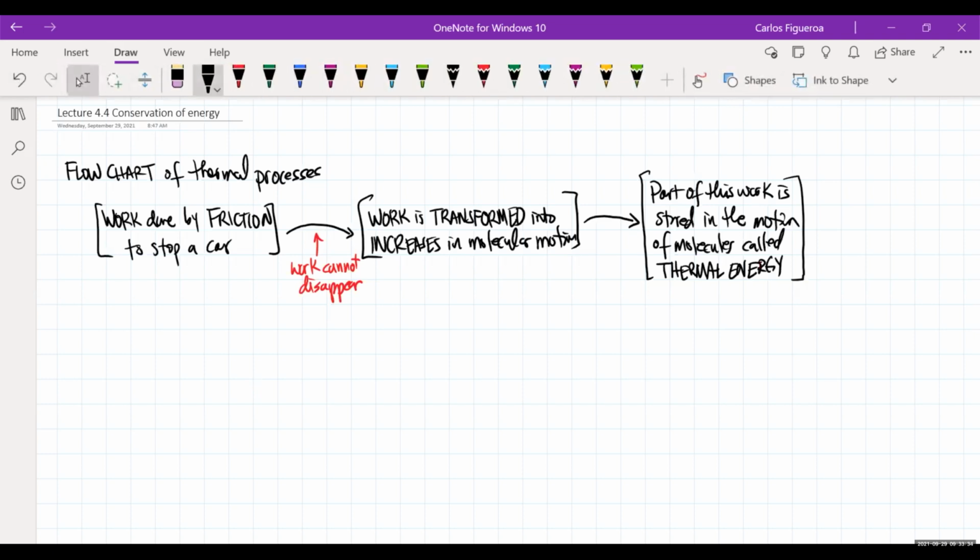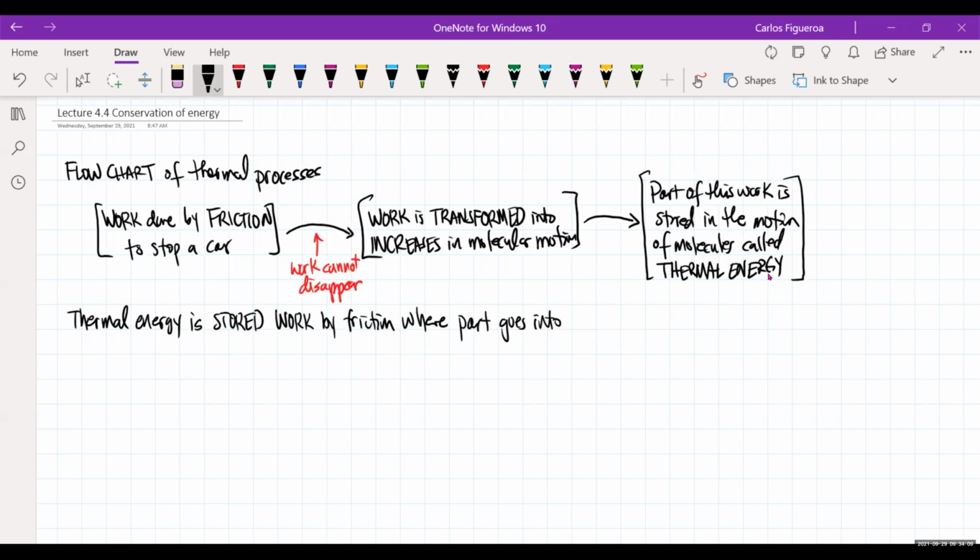So what we're seeing here is that thermal energy is stored work by friction, where part goes into the block, or it could be the tire of the car, and the surface it's sliding on.